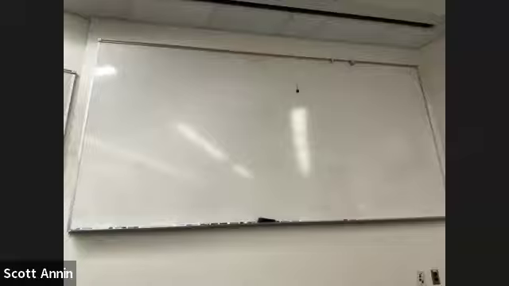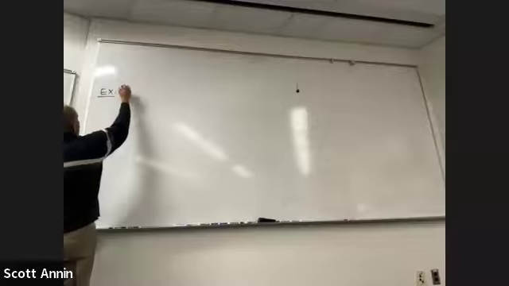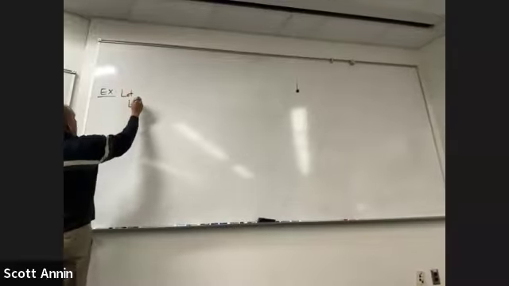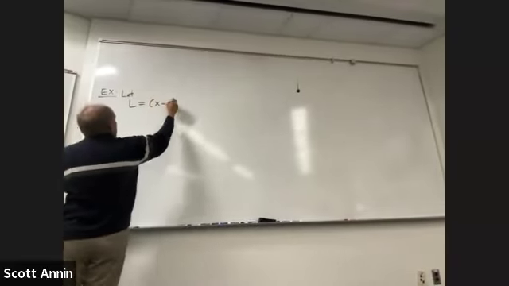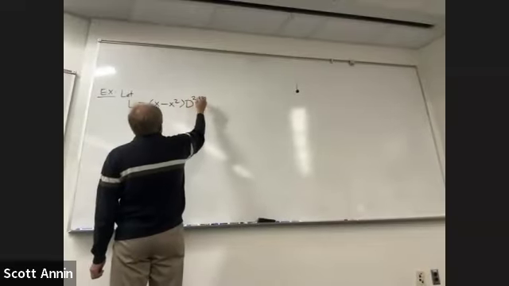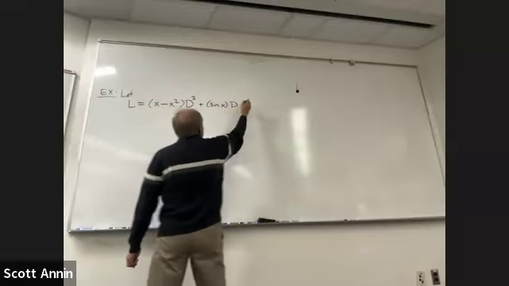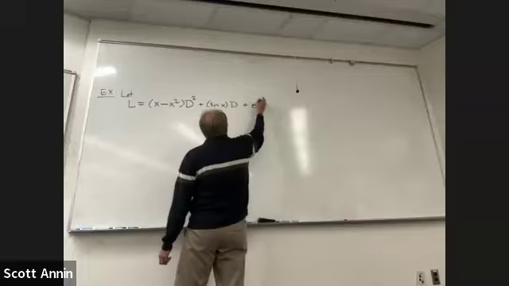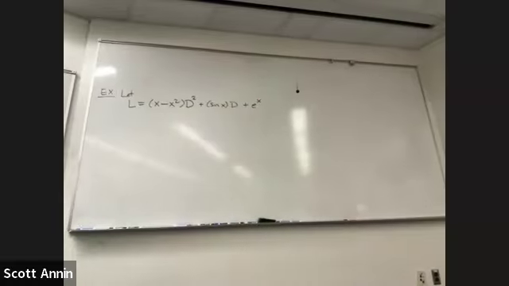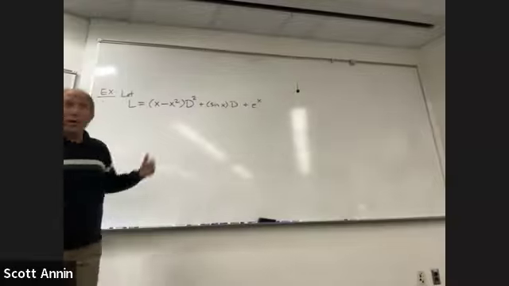Just to give you an example, let me just make up an operator here. Let's let L equal x minus x squared times d squared plus the sine of x times d plus e to the x. This would be an example of an operator.